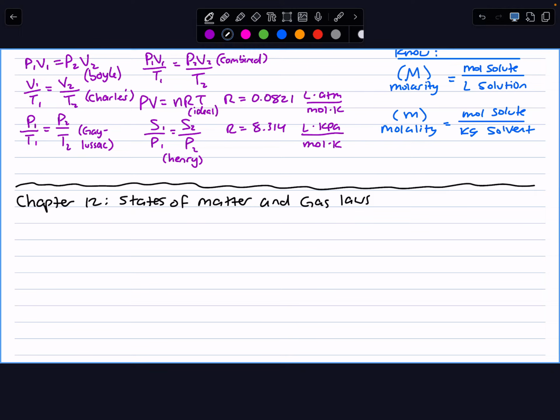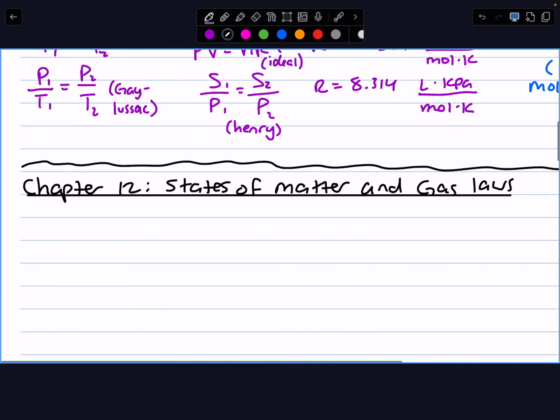So, first things first, you need to know the properties of a gas. Okay? So, everyone should know that gases are... I'm going to ask you. You tell me, what's going on with the shape? What's going on with the volume of gases? Are they definite?